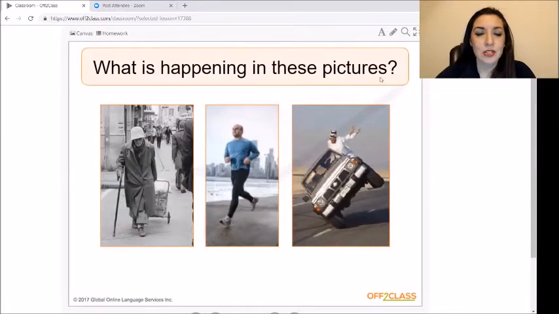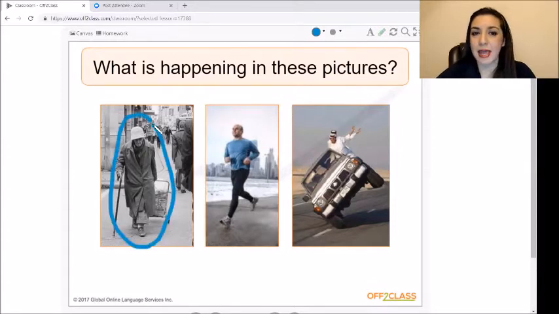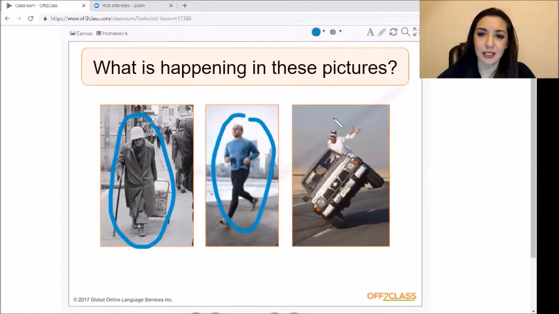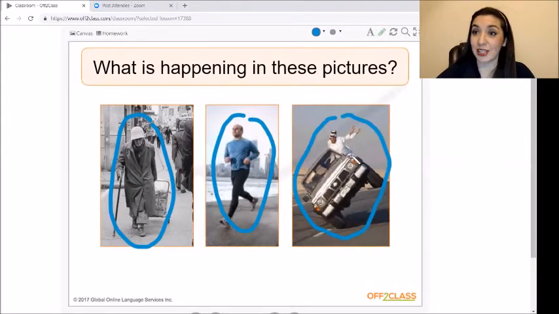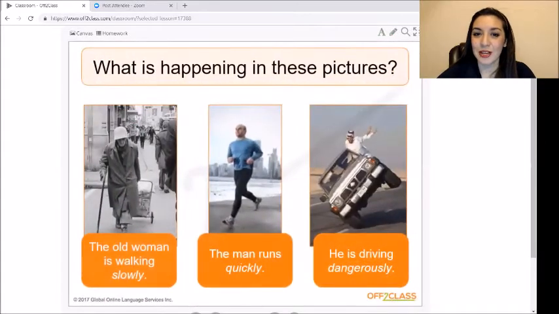All right, so the first question is, what is happening in these pictures? Well, an old man is walking. A man is running. And this man is driving in a dangerous way. Now, what is happening in these pictures using an adverb?